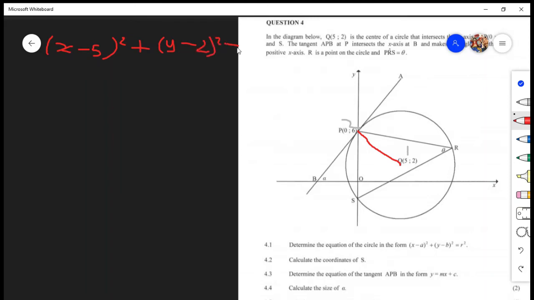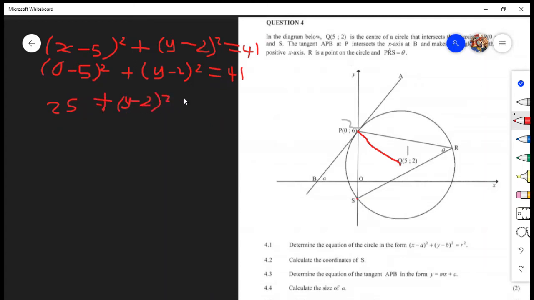Then because S has an x value of 0, we substitute 0 into here. Squared plus y minus 2 squared is equal to 41. And this becomes 25 plus y minus 2 squared is equal to 41.